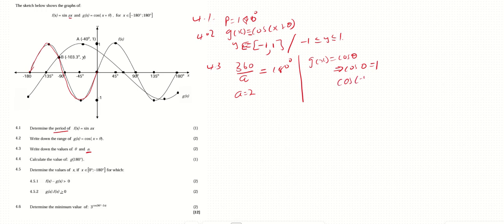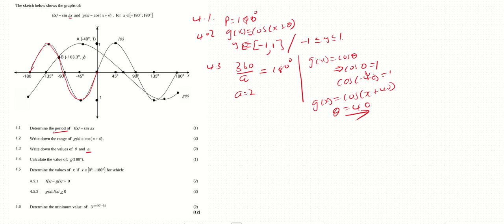Cos(-40) is 1 in this case. So the graph shifted from 0 to negative 40. That means it's negative on the graph, but positive in the equation. So g(x) = cos(x + 40). So our θ is equal to 40. That's how we can do θ.